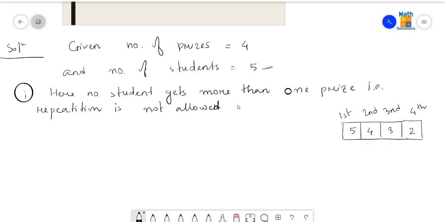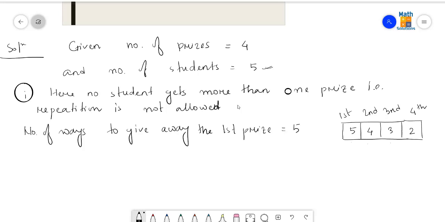So in this case, what we shall be writing? Number of ways to give away the first prize is equal to 5.